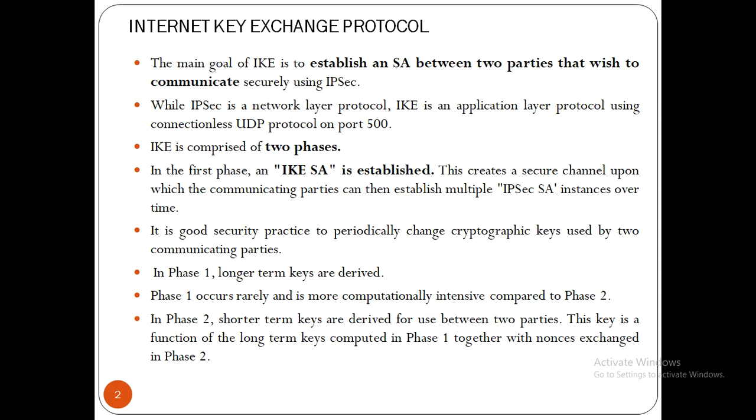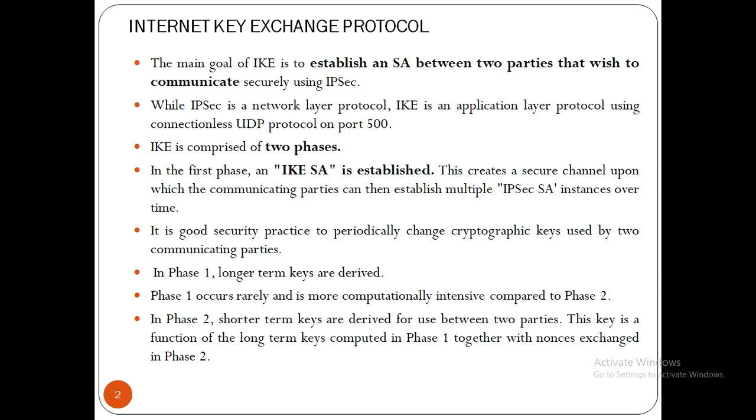Now, IKE is comprised of two phases. The communication must take place in terms of the two phases. In the first phase, an IKE security association is established. This creates a secure channel upon which the communicating parties can help establish multiple IPsec security association instances over a time period.